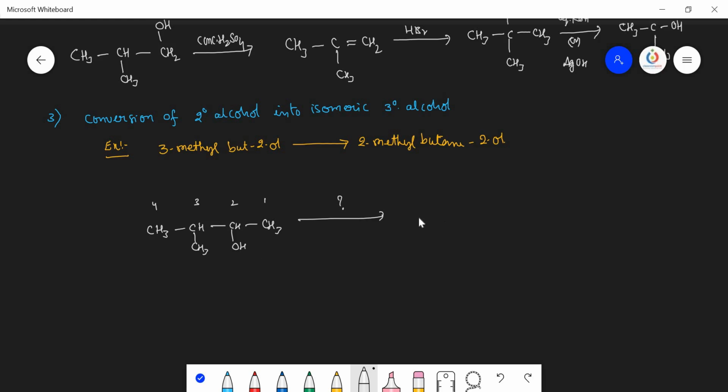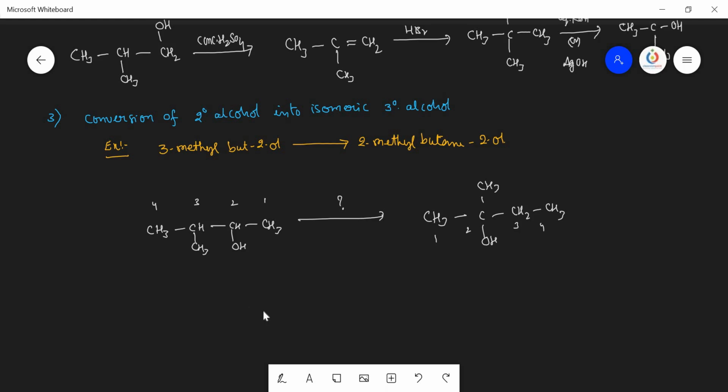This is a secondary alcohol. Then it has to be converted to this particular molecule. The molecule is CH3, CH3, OH, CH2, CH3. So numbering 1, 2, 3, 4. 2-methylbutan-2-ol. So what must be the sequence?